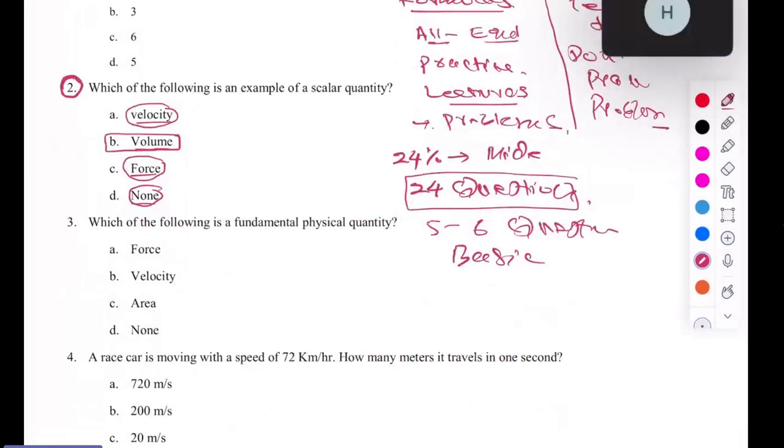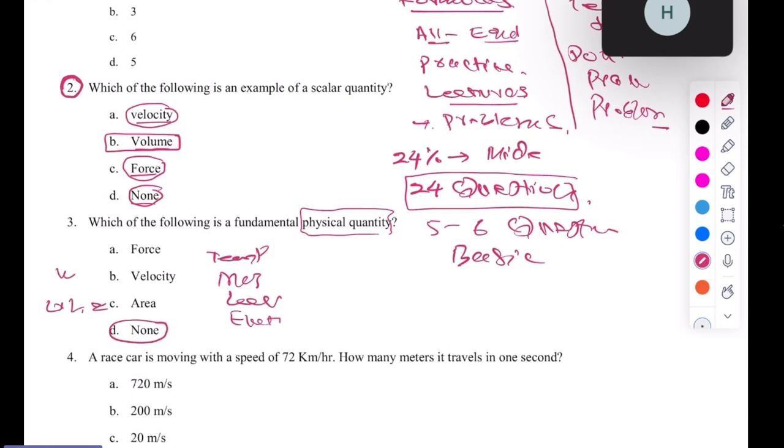For example, if you see which of the following is a fundamental physical quantity, there are only seven fundamental physical quantities, like temperature, mass, length, electric current. So none of these is the fundamental quantity, because area is length multiplied by length, velocity is distance divided by time, and force is mass times acceleration.